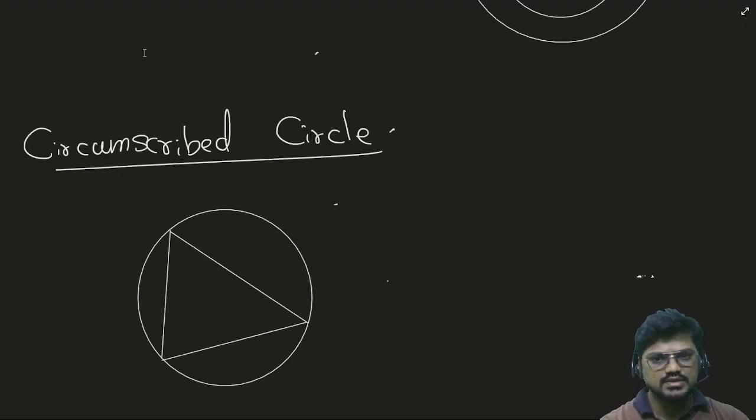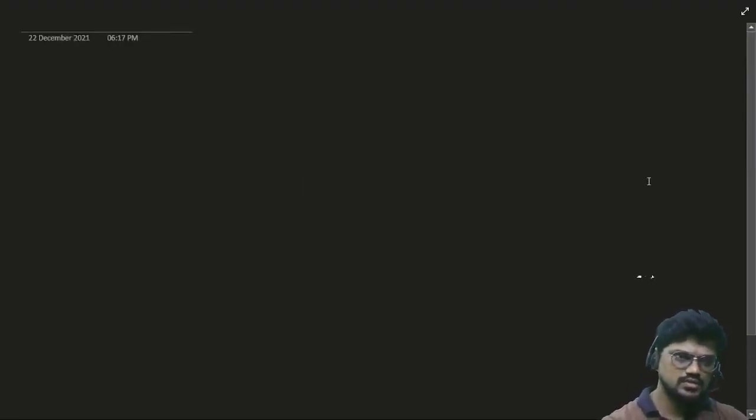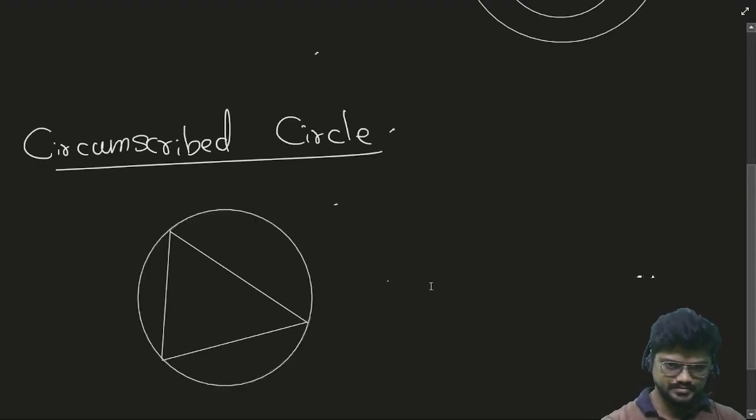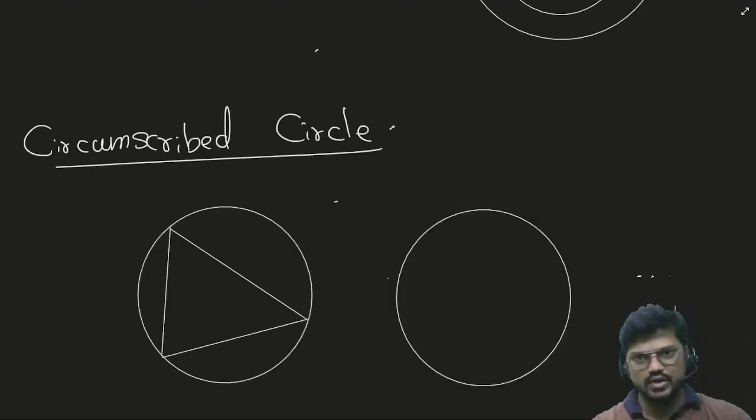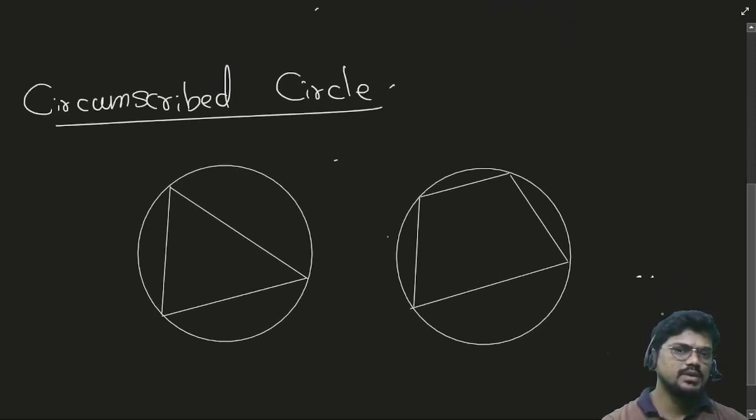It can be like this also: even if you draw the circle over here and you have a quadrilateral inside, or any pentagon or anything, then also we say the circle is circumscribing the quadrilateral.